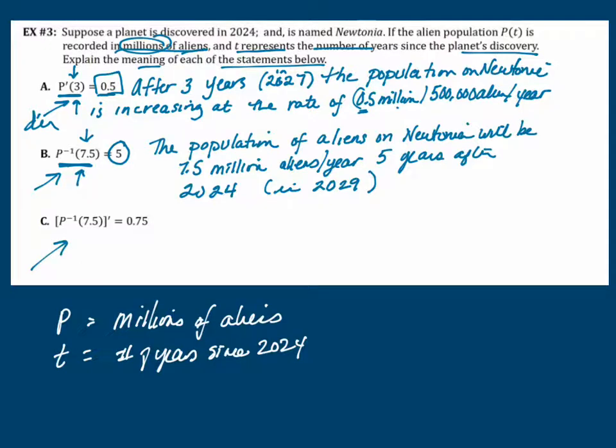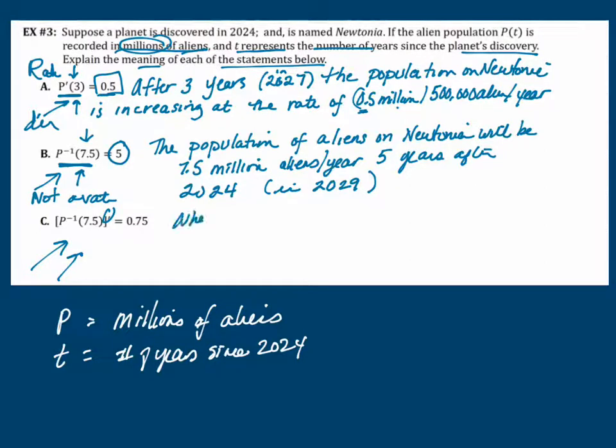And now we have the derivative of the inverse function. So now we have to talk about rate. See, this is a rate because it has a derivative. This is not a rate. This tells what is the population. And this is a rate right there. So we have to say it in terms of rate.